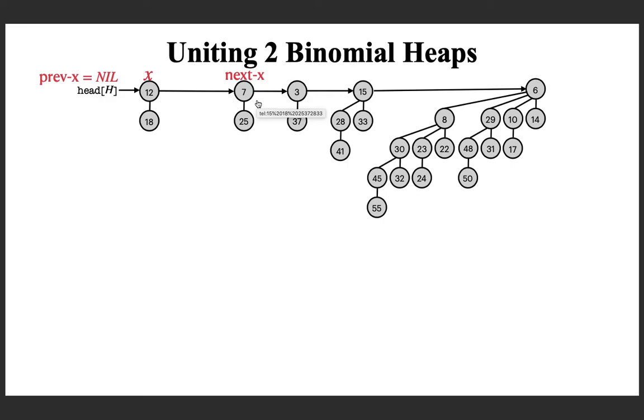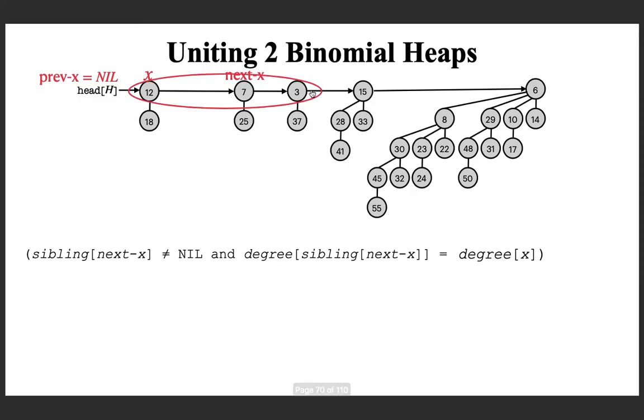You may try to prove it offline as a homework exercise. Maximum 3 binomial trees of any degree during the uniting process. So here again you have to advance because you have to combine the second and third tree. So you are advancing in this case as well.